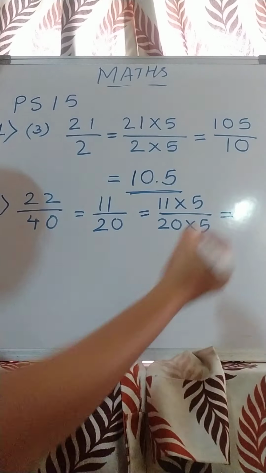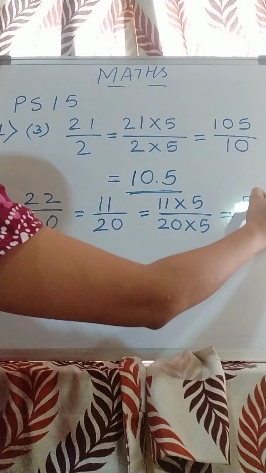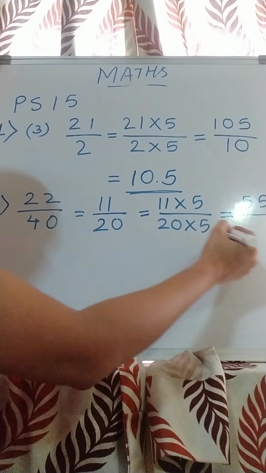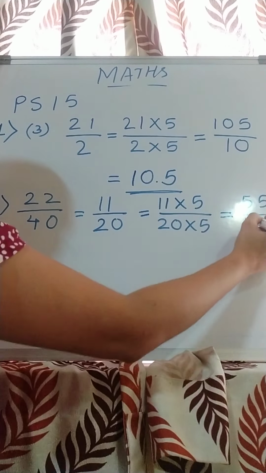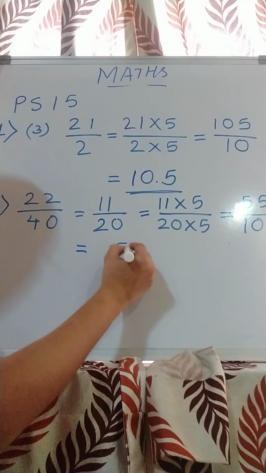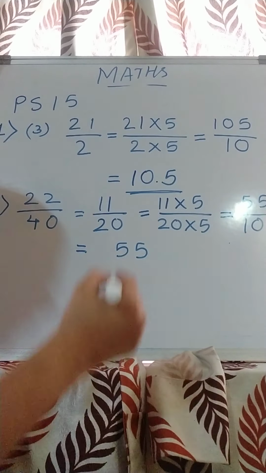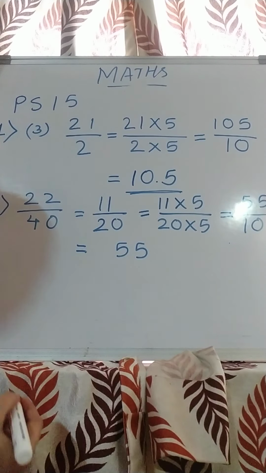Now 11 5s are 55 and 20 5s are 100. So your answer is, write 55, count digits according to zeros, 2 digits, 1, 2, decimal point, and your answer is 0.55. Understand everyone?